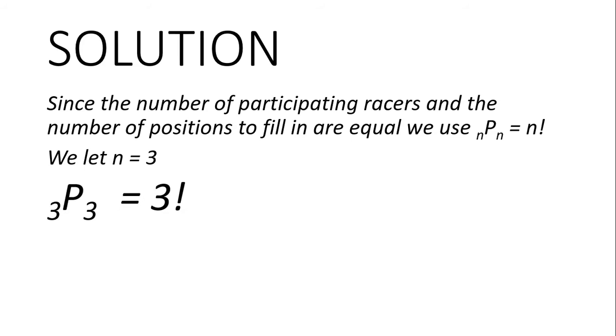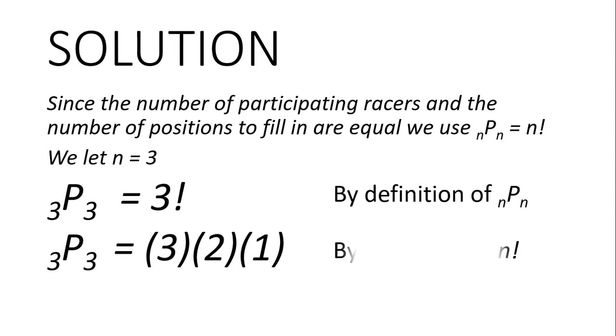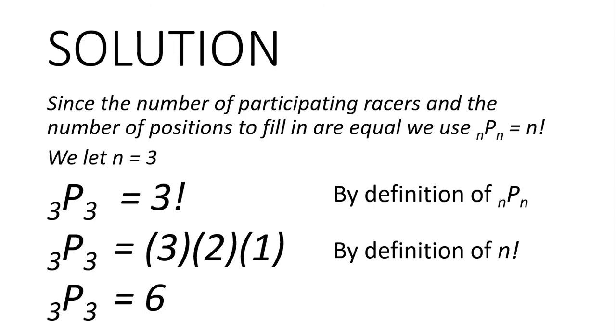Then, permutation of 3 taken 3 is equal to 3 factorial, by definition of permutation of n taken n. Then, by definition of n factorial, we know that 3 factorial is equal to 3 times 2 times 1. And we know that the product is equal to 6 by evaluation. Therefore, permutation of 3 taken 3 is equal to 6. And this answer is the same as the answer in our tree diagram.